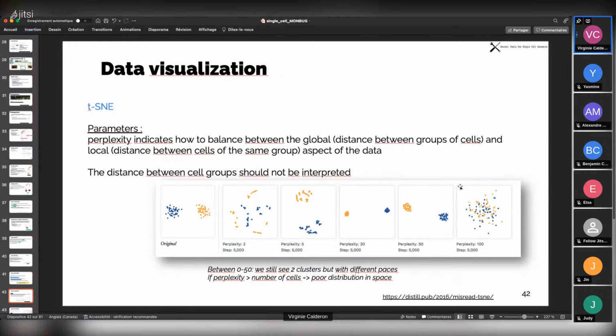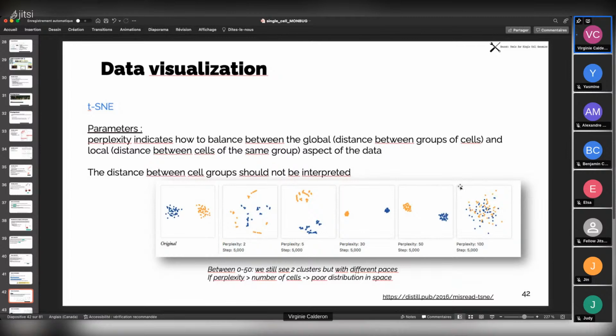And the local distance is the distance between the cells of the same group. So you need to play a little with this perplexity parameter to get something that looks like a good representation of your data.